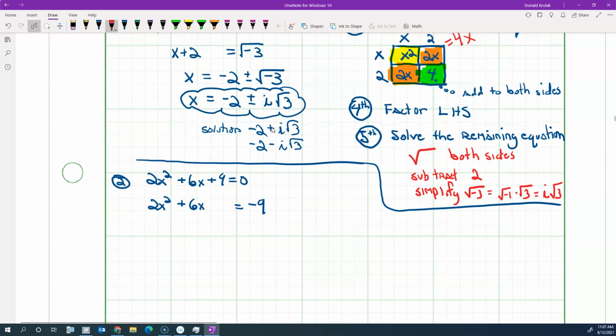So when I look at this, I'm going to look at this number. Okay, that's even, so check. And then this number, perfect square? Nope.